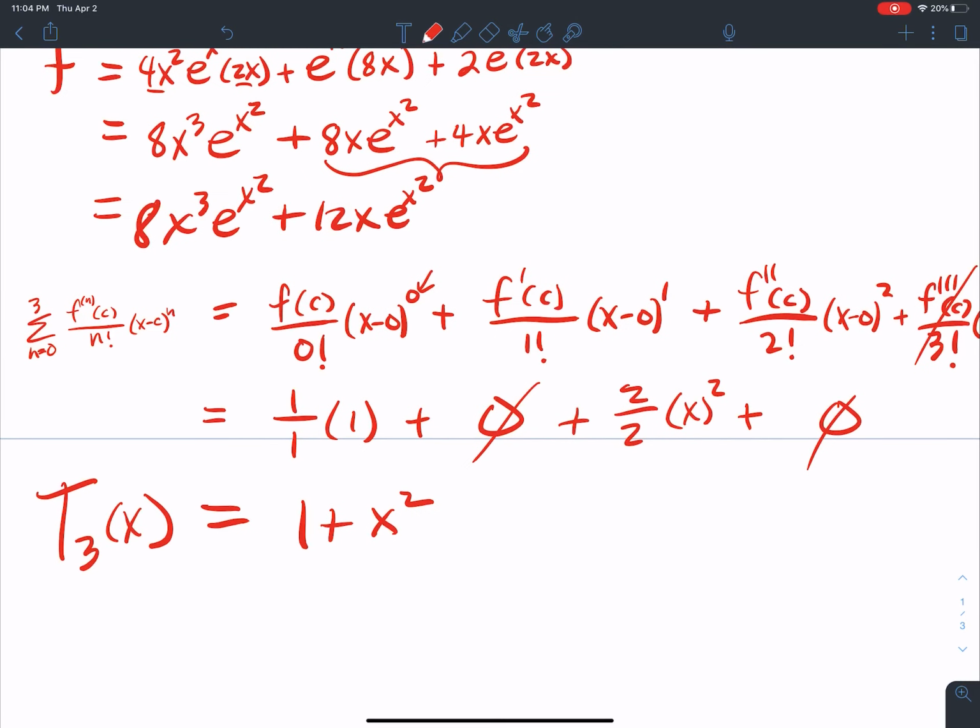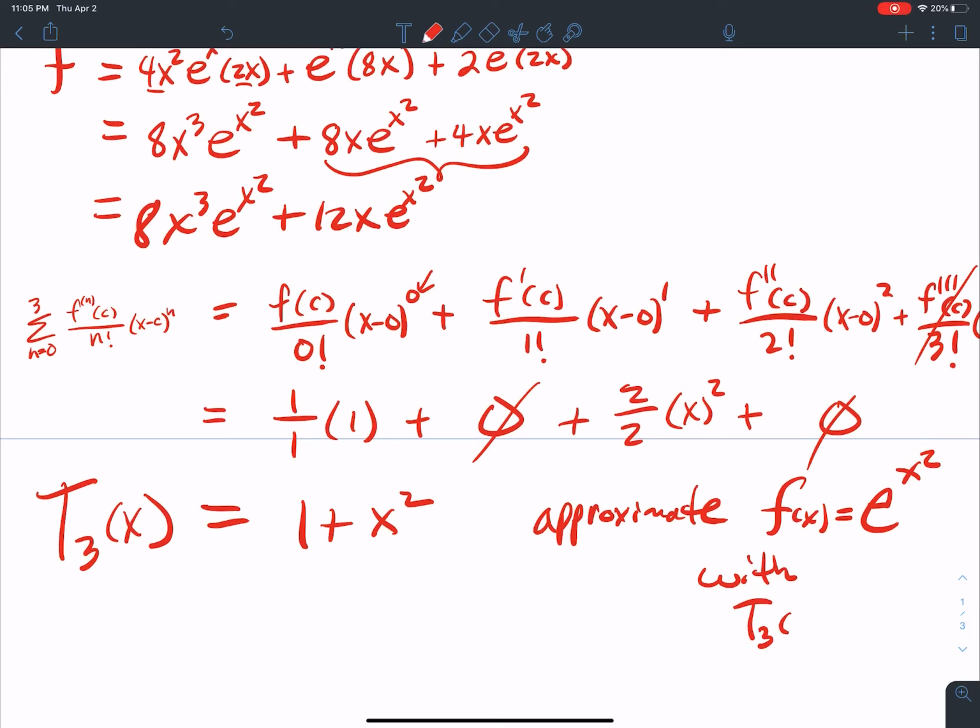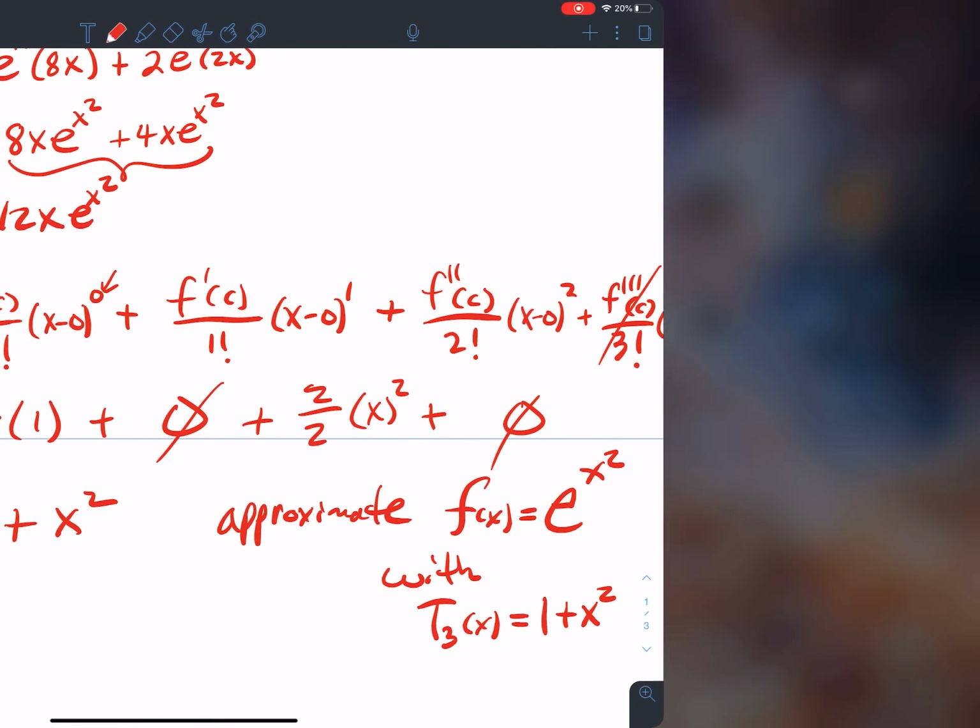So look, I can approximate f of x equal to e to the x squared with T3 of x equal to 1 plus x squared. Let's graph both of these on the same graph and just see what it looks like. I'm curious. I don't know.